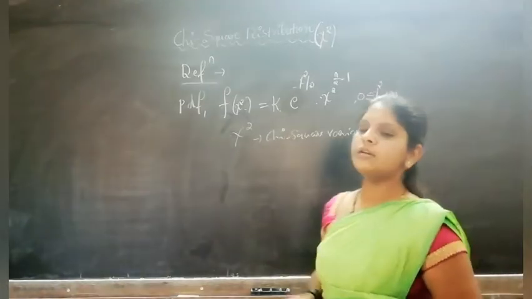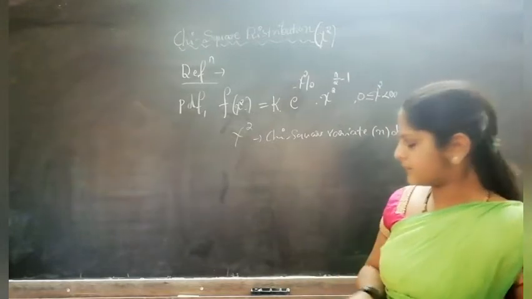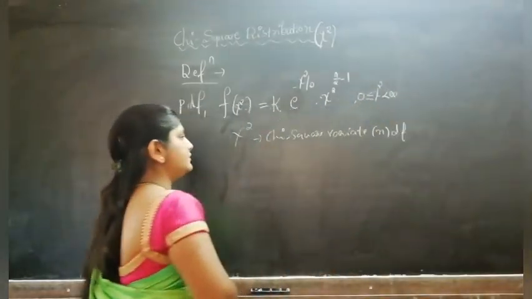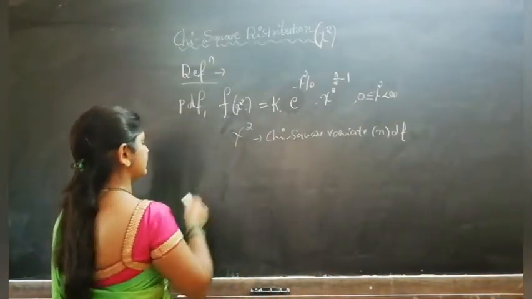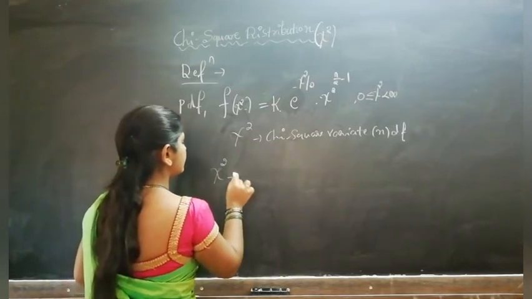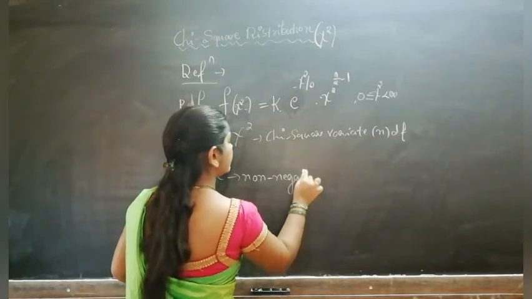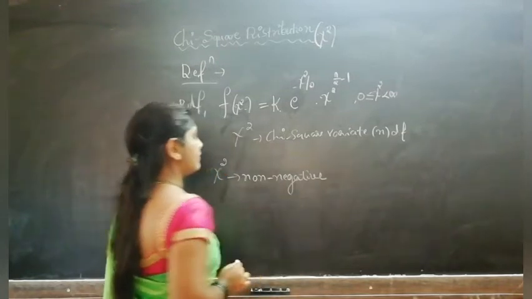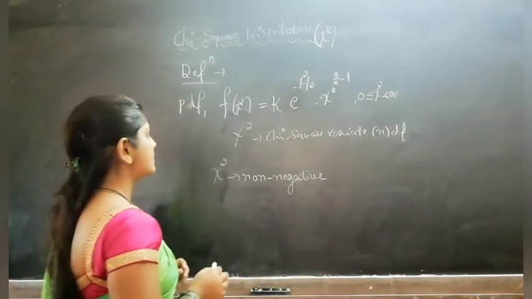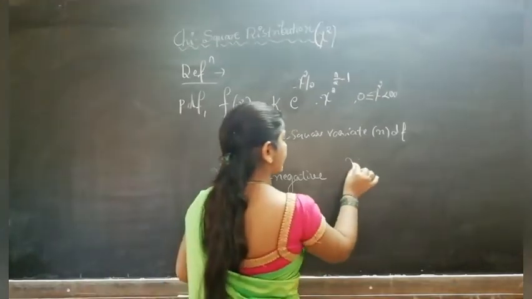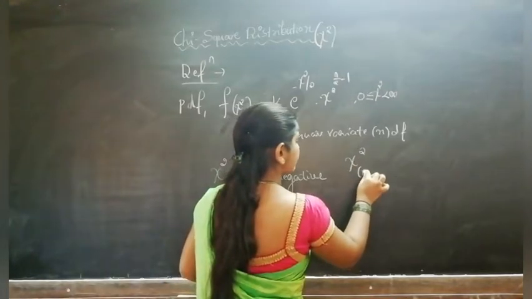Here k is a positive constant. If you observe, this chi-square takes only non-negative values.